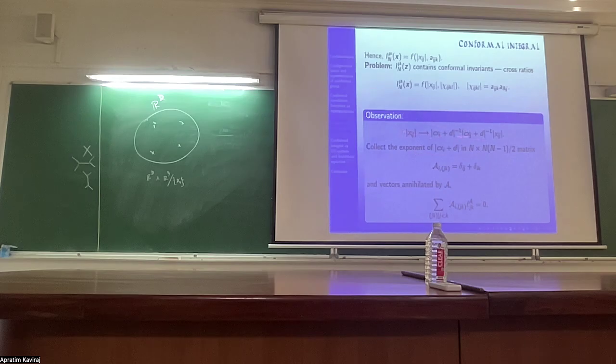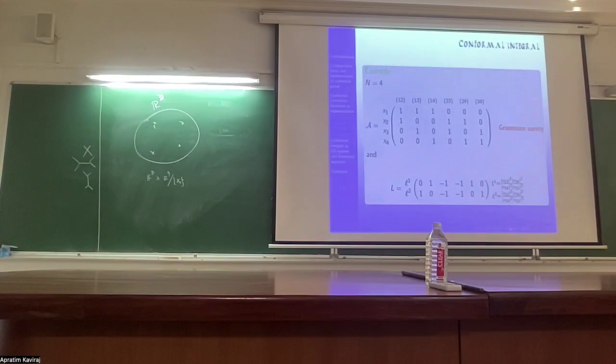I just ignore the minus sign, so it's 1 for Xi, 1 for Xj, and the rest are 0. Collect them in a matrix, and it will look like this. This is the exponent in the transformation of Xjk under the transformation of Xi. And I'll denote the null vectors of this matrix by this curly L.